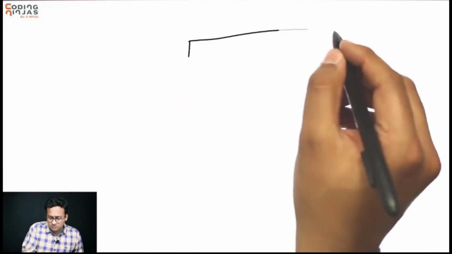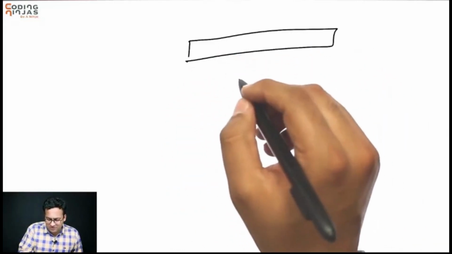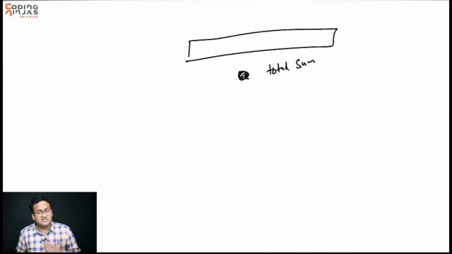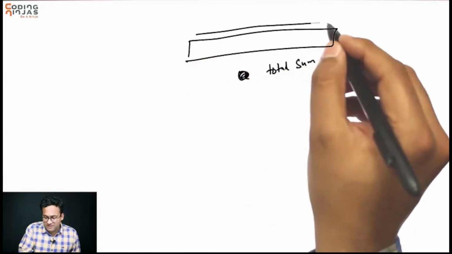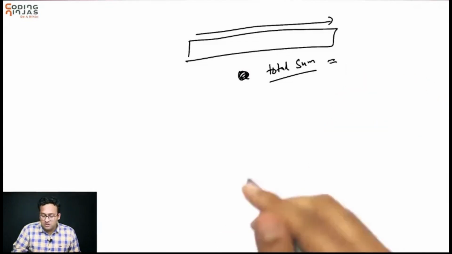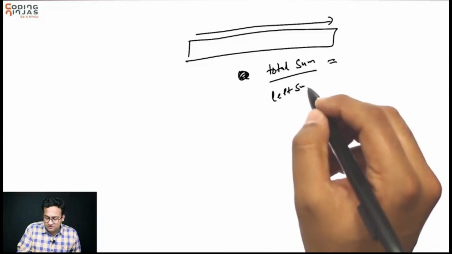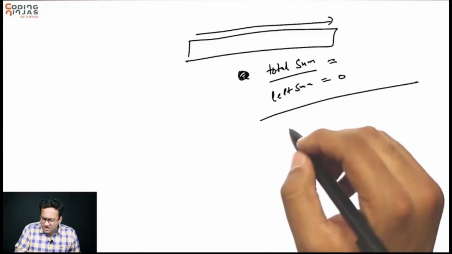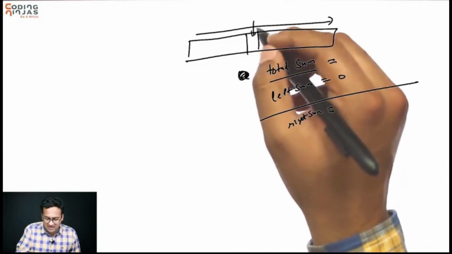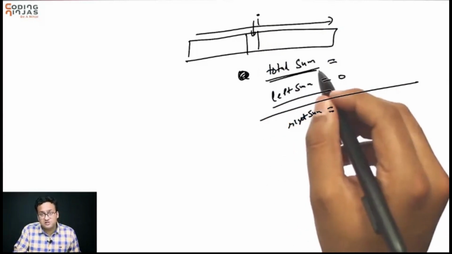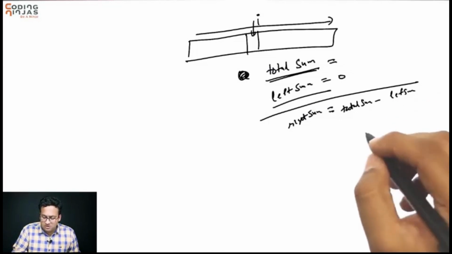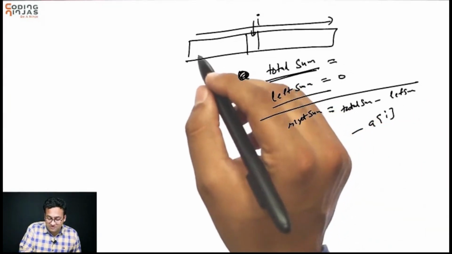Okay. So the way I am planning to do this is, instead of finding the right sum, I am going to maintain total sum. Let's say I know the total sum. So I'll go through the complete array and I know the total sum, whatever value it is. The left sum initially is 0. Now whenever I want to find right sum, let's say I am at index I and I know the left sum, I know the total sum, then I can just do total sum minus left sum minus A of I, because left sum is this much.